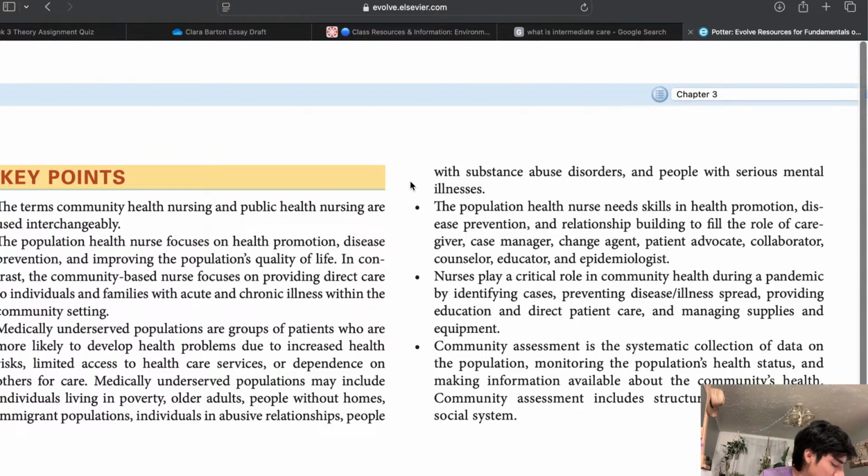In community-based practice, case management is important. Case managers establish an appropriate plan of care based on assessment of patients and families. So let's say I'm a case manager, a community-based nurse, and I'm in the community, and I see this woman with her children, and they don't have enough money.